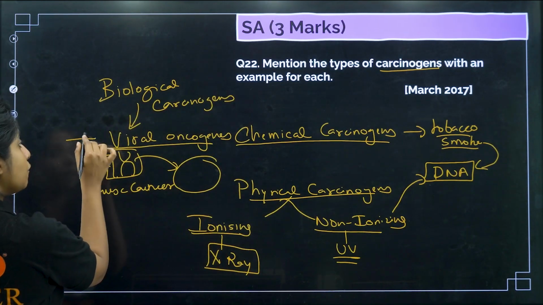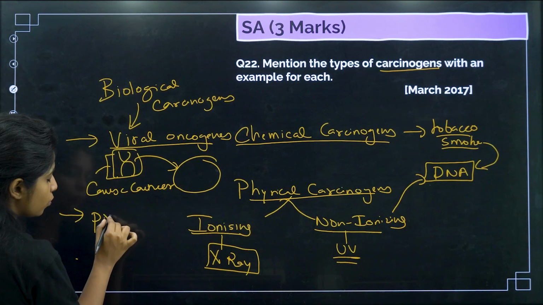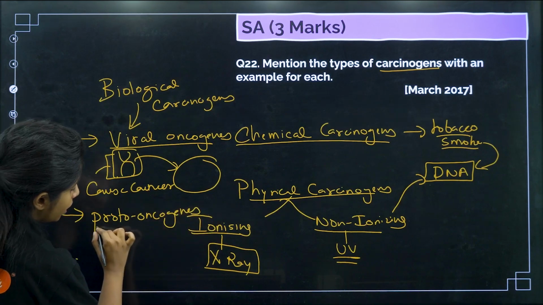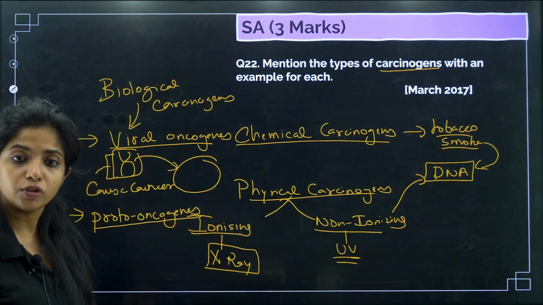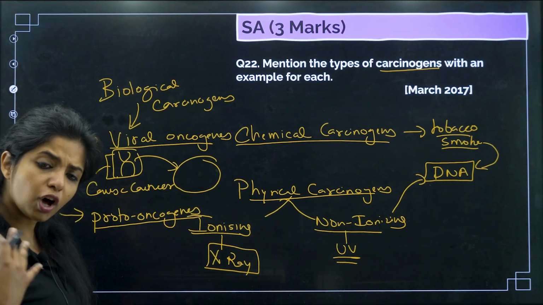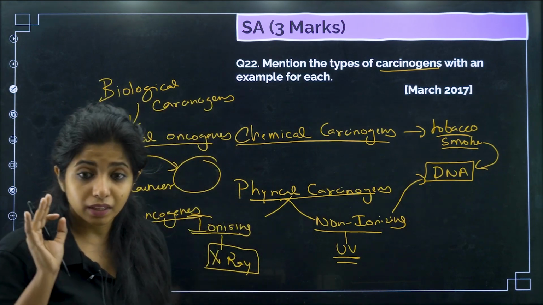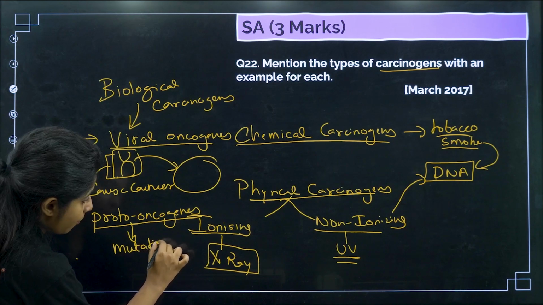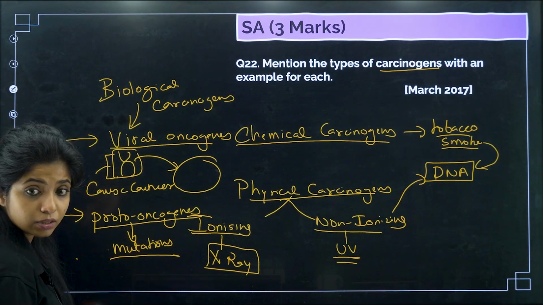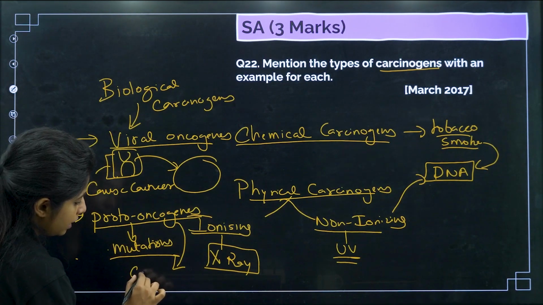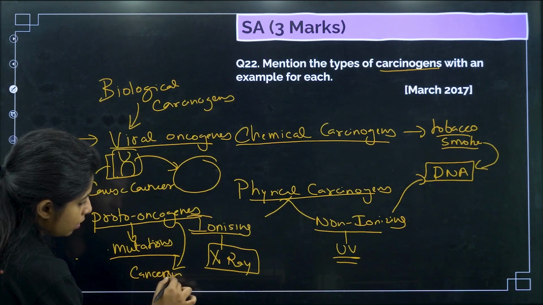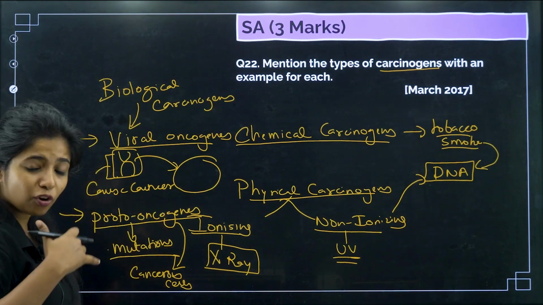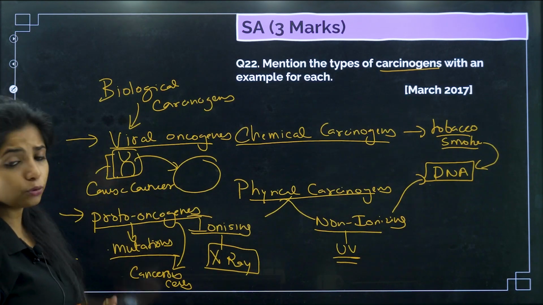Apart from that, in our body we have certain genes which are known as proto-oncogenes. What are they known as, children? Proto-oncogenes. They are there in our body normally, and they do normal functions also. The thing is, if certain mutations happen in these proto-oncogenes, it will lead to the formation of cancerous cells.